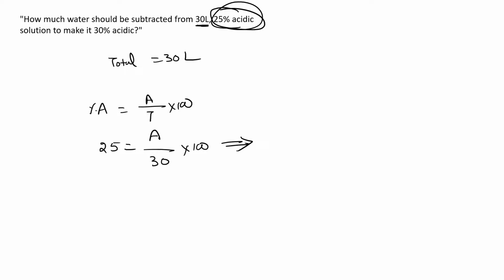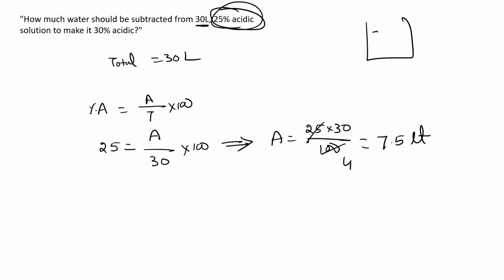That means acid equals 25 into 30 by 100, which is 7.5 liters. That means in your 30 liters of solution, you have 7.5 liters of acid and the remaining 22.5 liters is water.